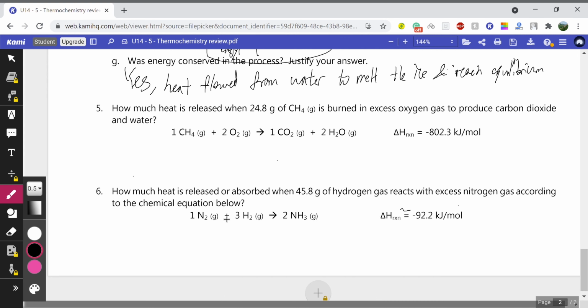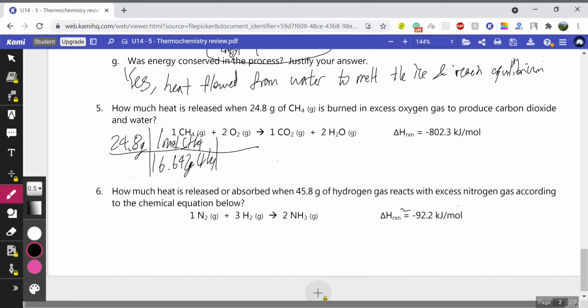Number 5. How much heat is released when 24.8 grams of CH4 is burned in excess oxygen gas to produce carbon dioxide and water? So let's see here. 24.8 grams of CH4. 1 mole of CH4 has how much grams? C plus 4 H's will be 16.042 grams of CH4.